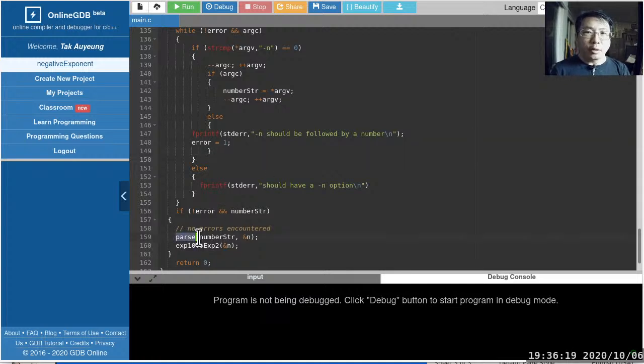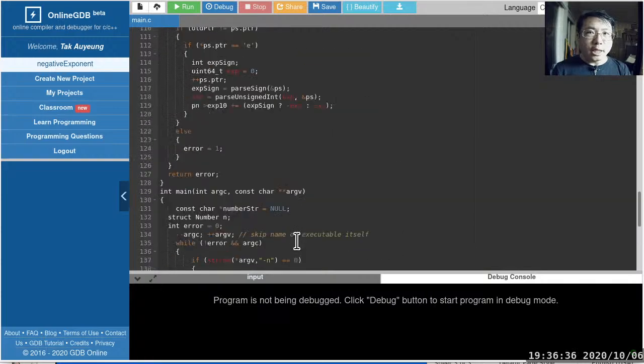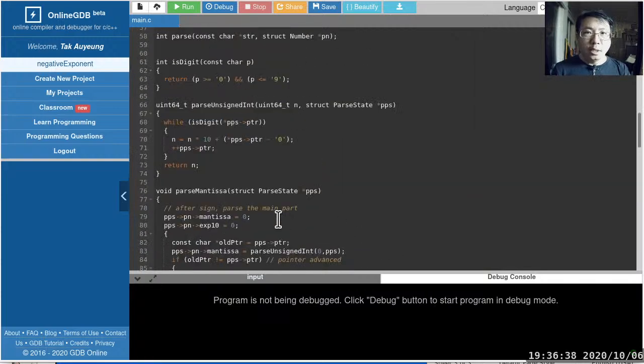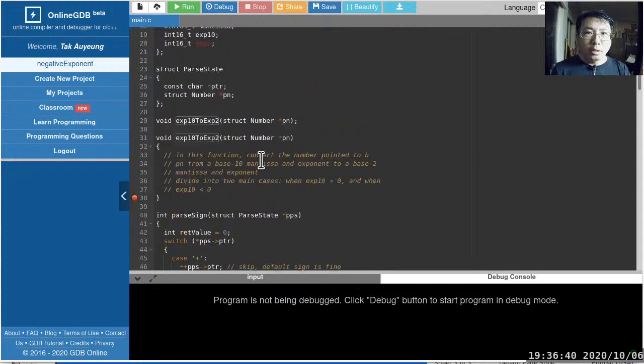So after we parse the string, which is a base 10 scientific notation, and capture all the data into n, which is a struct number, then we pass the address of n to the function that you're supposed to work on. So everything that you need to do is in exp10 to exp2. And I have put a breakpoint here already.